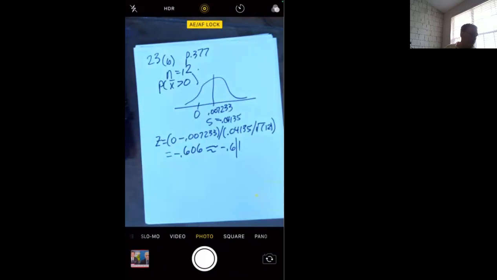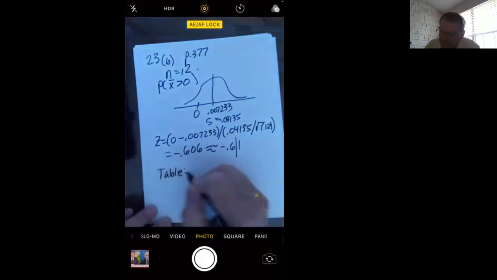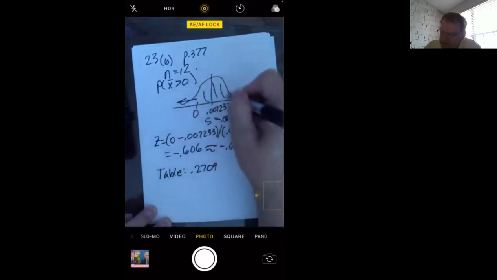Negative 0.61 gives 0.2709, just this direction. Again, we're trying to find this.